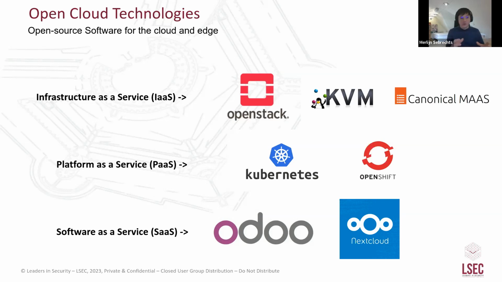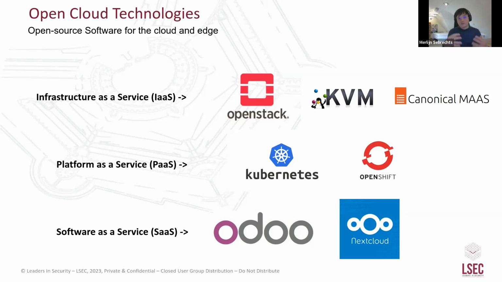If you're talking about private cloud and on your own premises, you can use OpenStack, KVM, and Canonical MAAS. But if you're using the public cloud, you can still put platforms on top of that public cloud in order to give you more benefits of open cloud technologies, even when you don't want to mess with creating your own data centers, managing hardware and things like that.